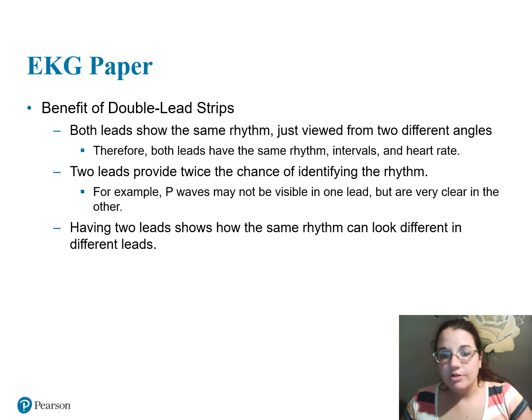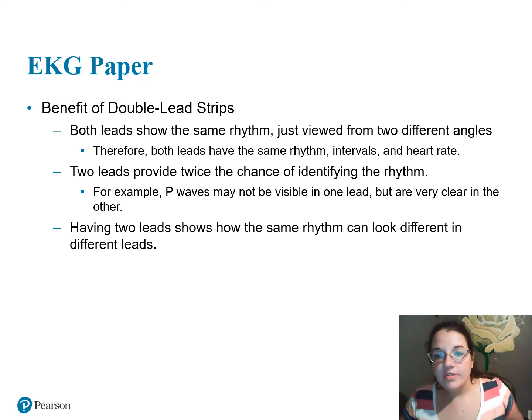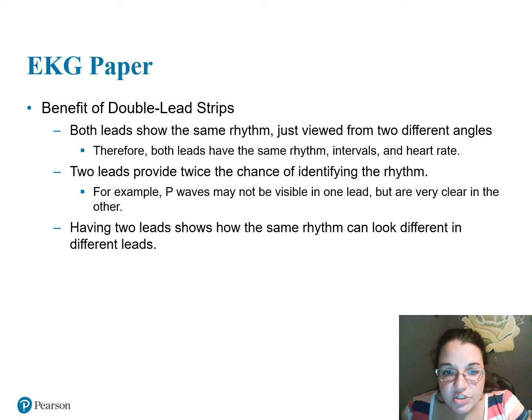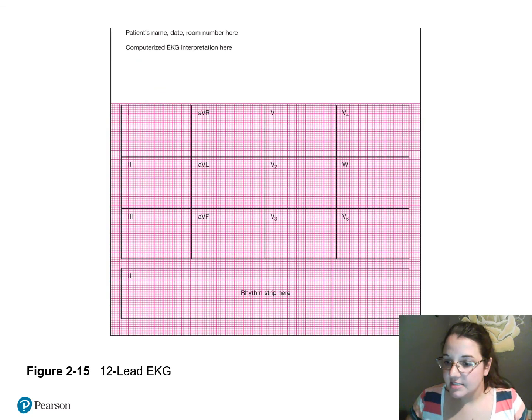Both leads show the same rhythm, they just view 2 different angles. Therefore, both leads have the same rhythm, the same interval, and the same heart rate. 2 leads provide twice the chance of identifying the rhythm. For example, P waves may not be visible in one lead, but are very clear in the other. Having 2 leads shows how the same rhythm can look different in different leads.